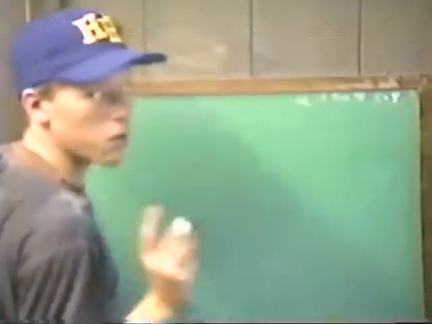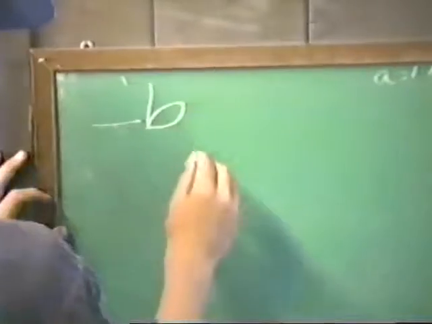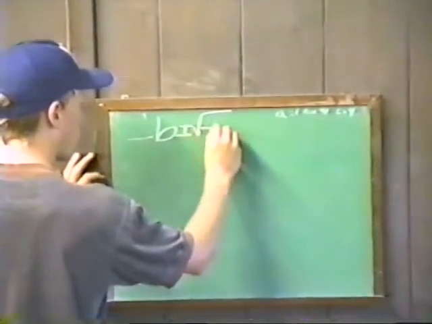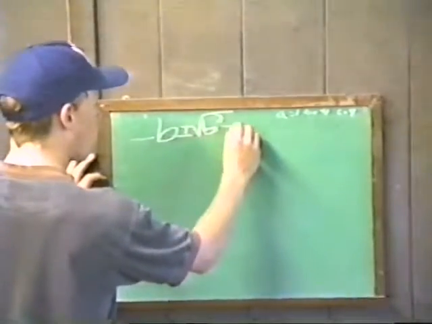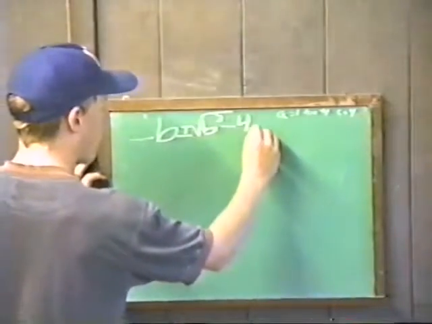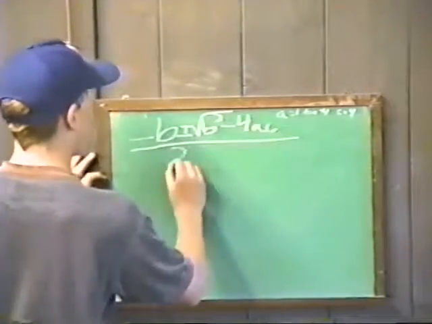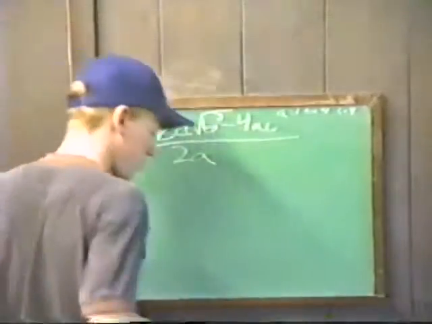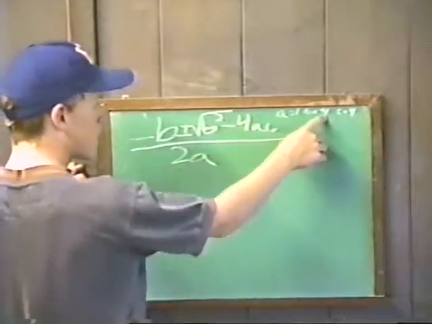The quadratic formula is as follows: negative b plus and minus the square root of b squared minus 4 times a times c, all over 2a. It might look complicated, but it really isn't. Now, negative b. b is -4.